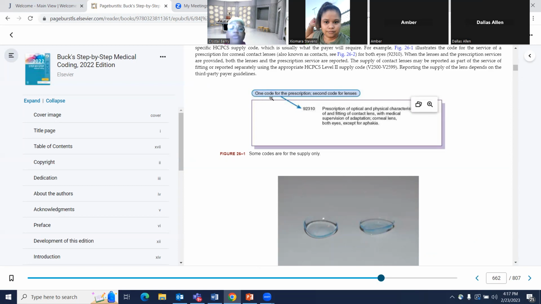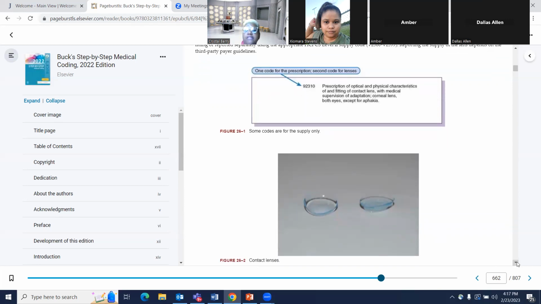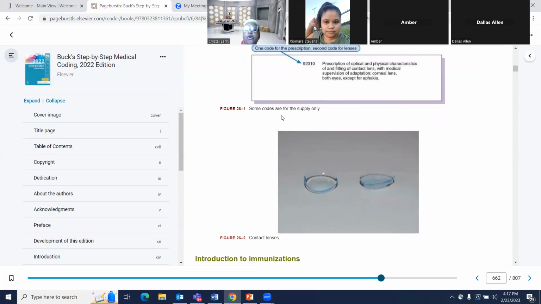So it has one code for the prescription, a second code for lenses. Prescription of optical and physical characteristics of and fitting of contact lens with medical supervision of adaptation, corneal lens, both eyes, except for aphakia. So on figure 26.1, some codes are for the supply only.